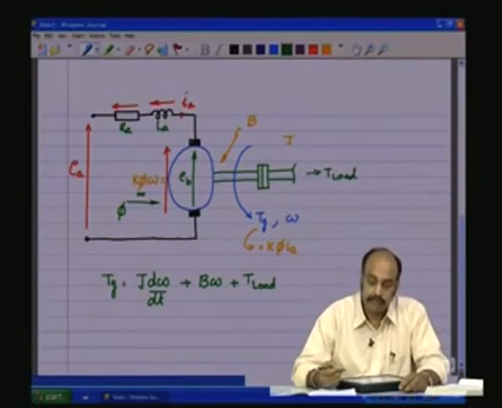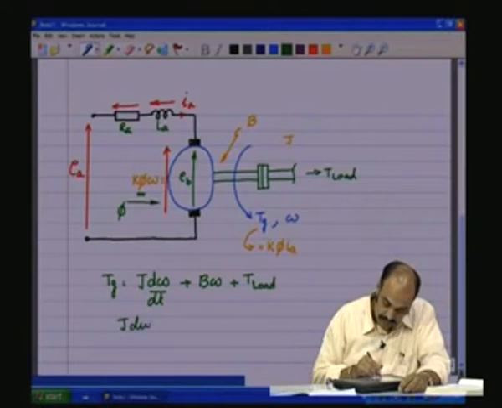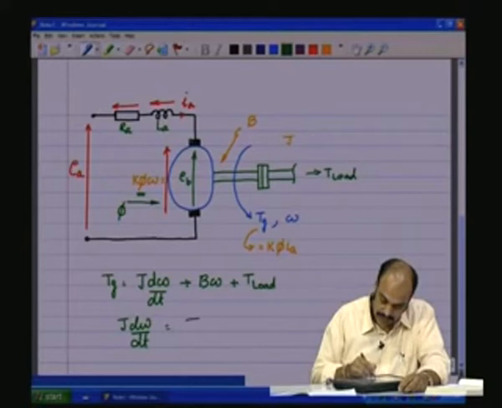All this should be generated by Tg. So, J d omega by dt will be equal to Tg.